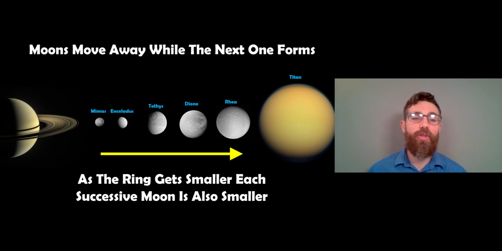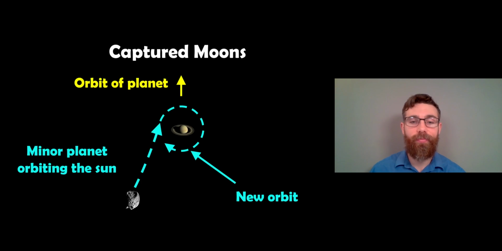Now, those moons actually cause features in the rings. They get like these waves and things. They, in themselves, push on the moon and they move their orbit further out, so they migrate outwards, and then the next one forms, and so on. So you end up with this structure where they're ordered in their size if they form at the ring edge, a bit like Saturn's rings.